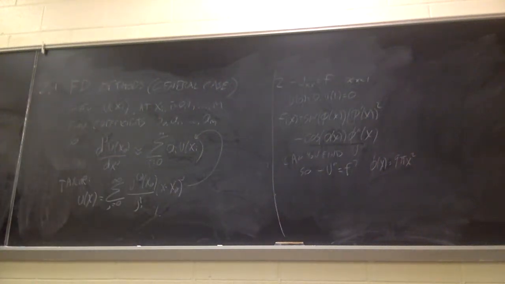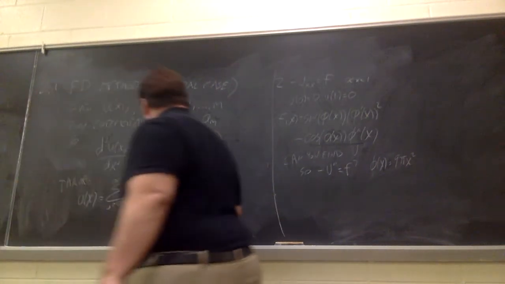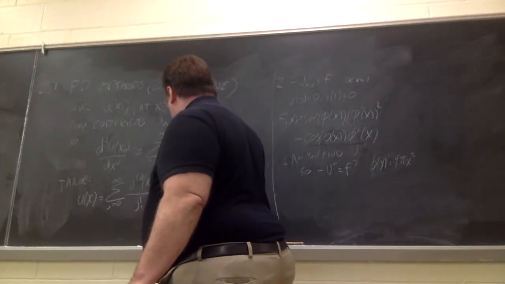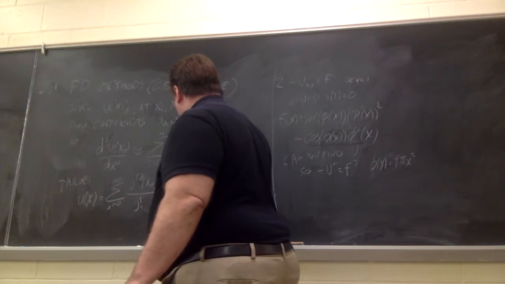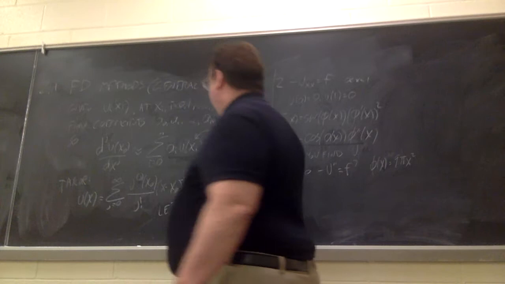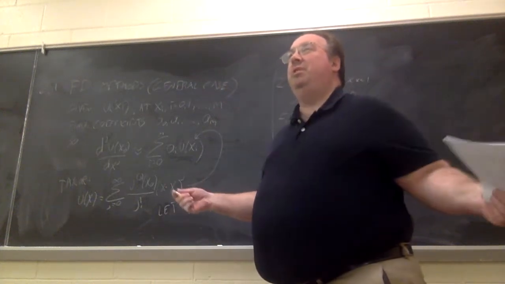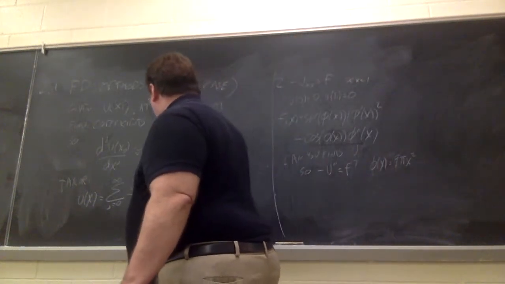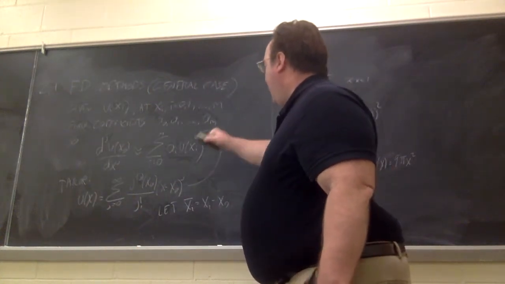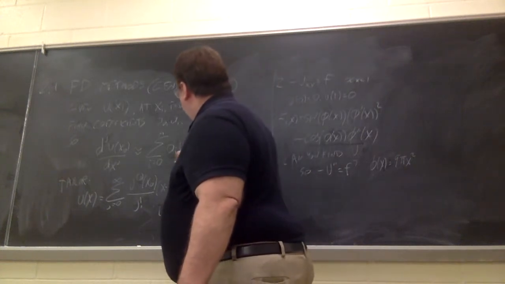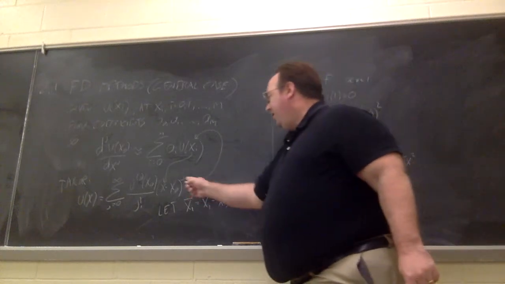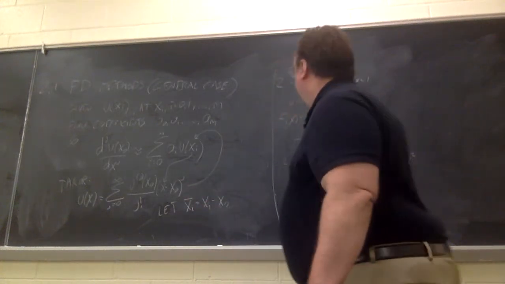You're going to let xi bar be equal to xi minus x naught, just so otherwise you're going to have xi minus x naught all over the place. It's going to really clutter things up. Okay. So I'm going to substitute xi for x in the Taylor series. So you're going to have xi minus x naught, but that's just going to be xi bar.